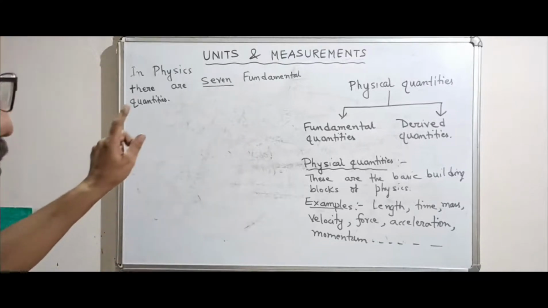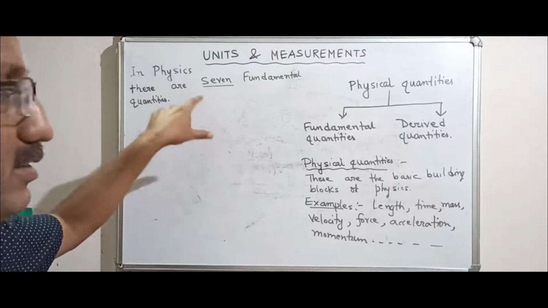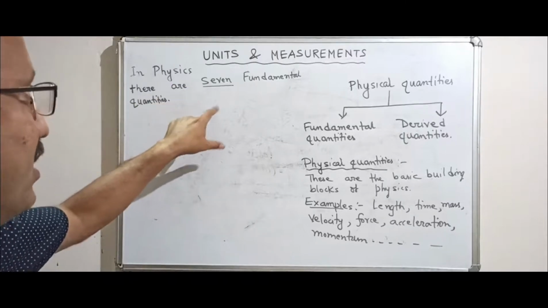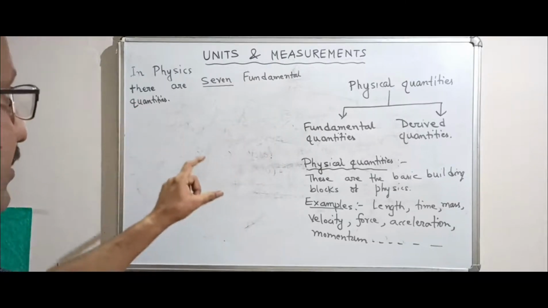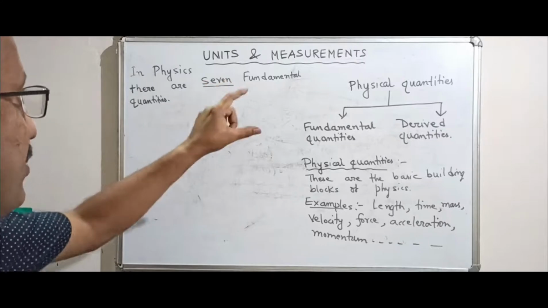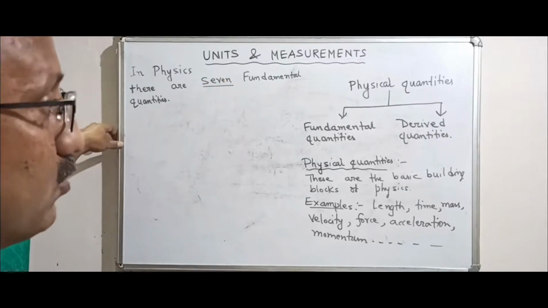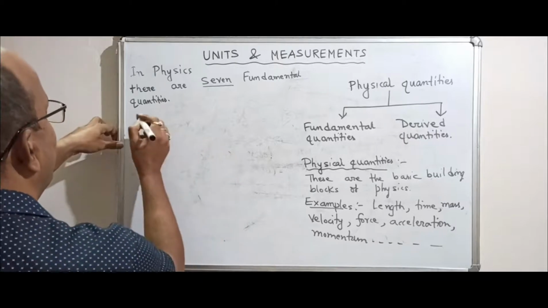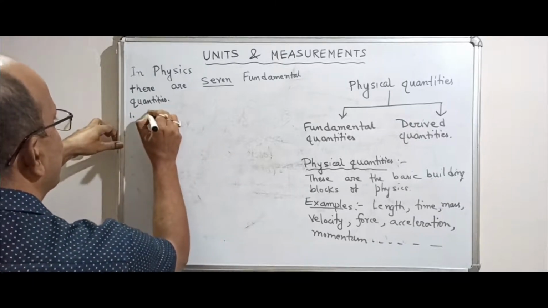So, to study English, you need to take the help of 26 alphabets. These 26 alphabets, A to Z, are the fundamental quantities in English. And similarly to study physics, you need to take the help of 7 basic or the fundamental quantities. And those 7 fundamental quantities are, first, number 1 is mass.